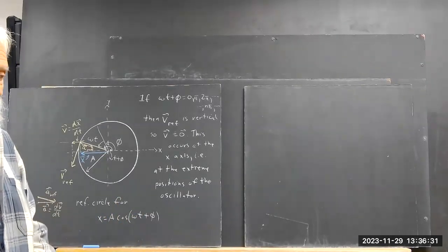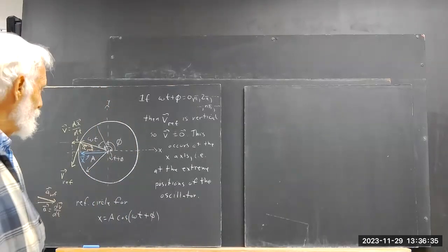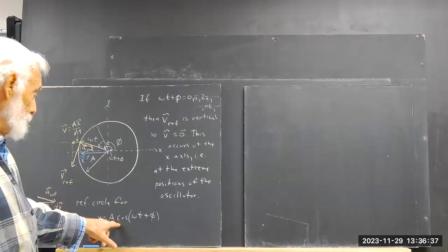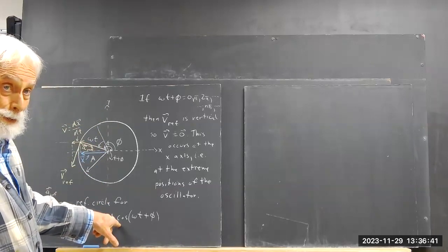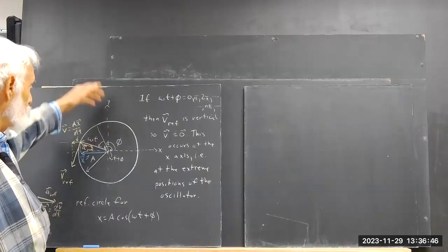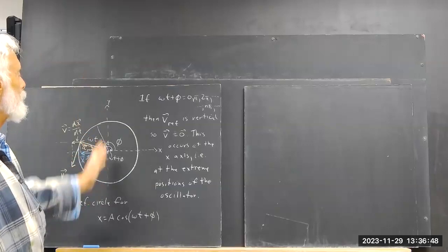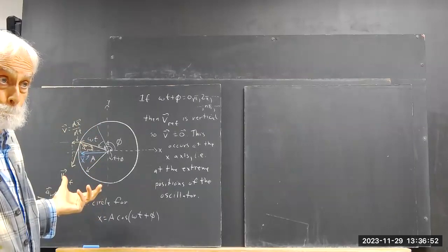Okay. Now, if we've got something oscillating up and down, if you wanted to model this in the y-axis and make this a sine instead of a cosine, then you just project this point over onto the y-axis and take the y component of each of these reference vectors, right?